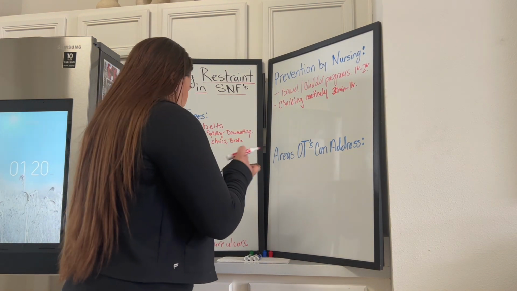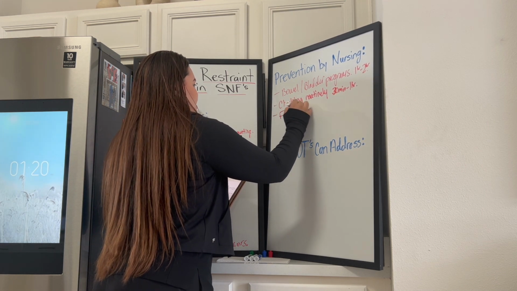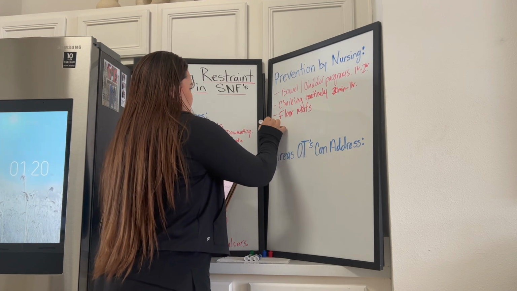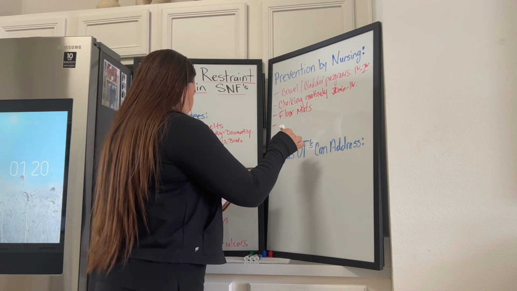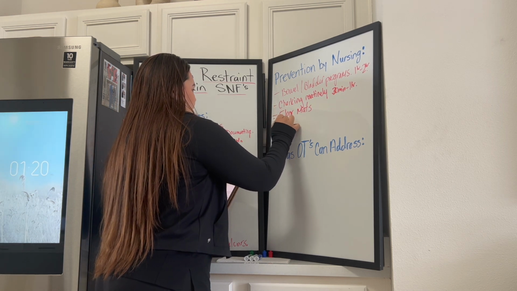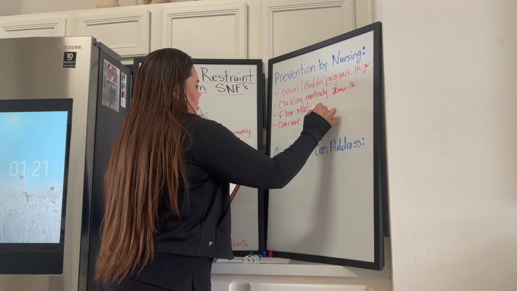Okay. Another thing they can do is implement floor mats, so that if there is a fall, there's decreased impact to the patient, reducing fractures. They can, with a doctor's order, if indicated, use concave mattresses. Okay.